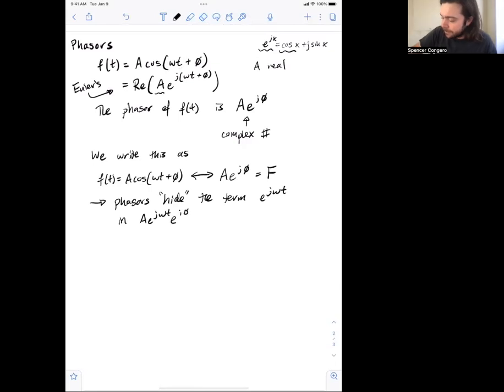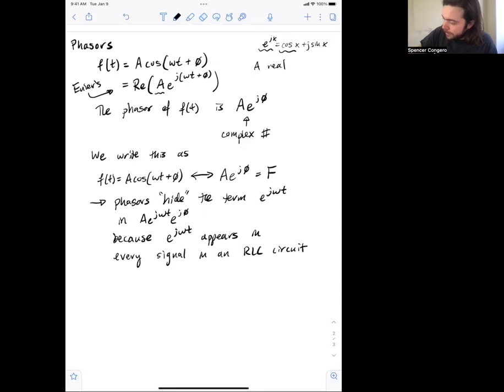Okay, they hide that term in that expression because that term appears in every signal in an RLC circuit with single frequency input.